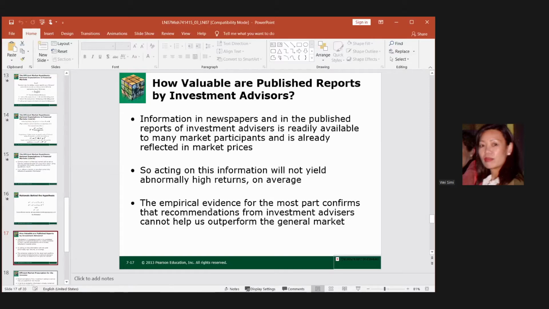So now new information. Information in newspapers and in published reports of an investment advisor is readily available to many market participants. In simple words, traders and money managers normally say, buy the rumor, sell the news.